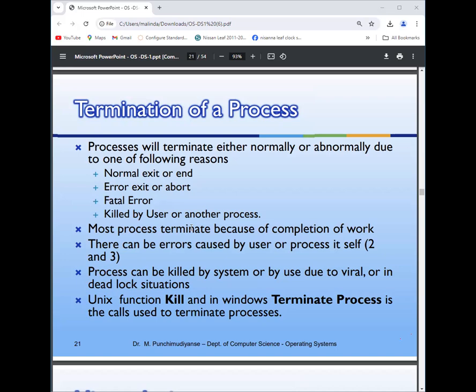The third one is called fatal error. Fatal error means some kind of error in the program, or some kind of error in an environment provided by the operating system, or a system error, and the program cannot continue. The task, the process cannot continue. So we call it a fatal error.